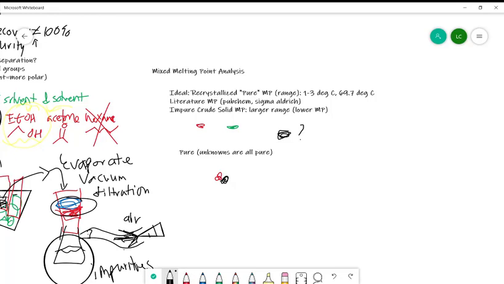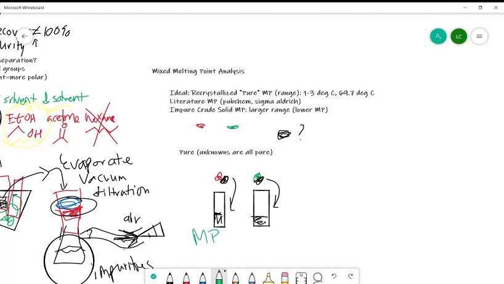I know they're different colors, but it will be one of the two. So we'll mix the green one and the red one, put a little bit into a melting capillary, and then when you see the melting point, you will know.